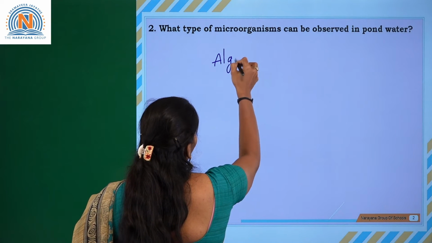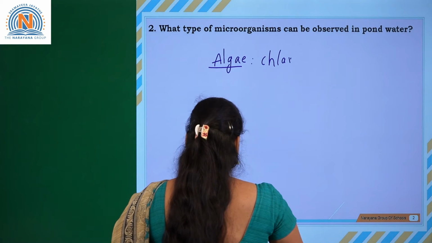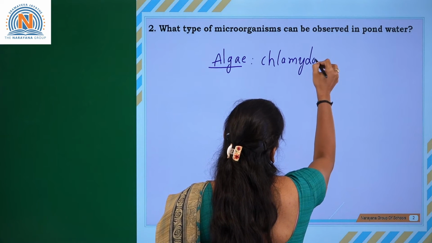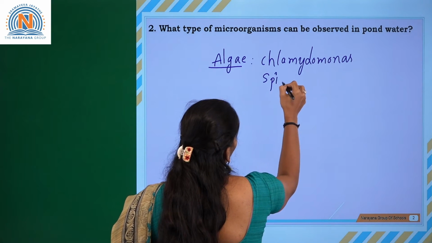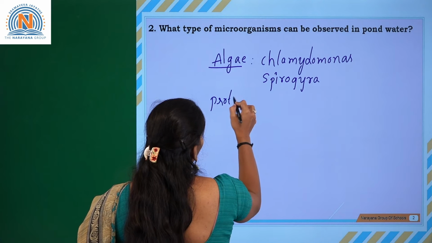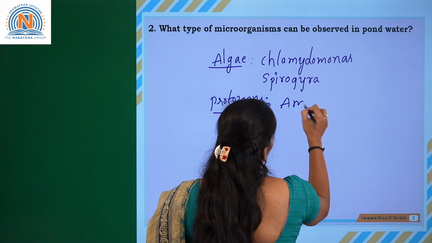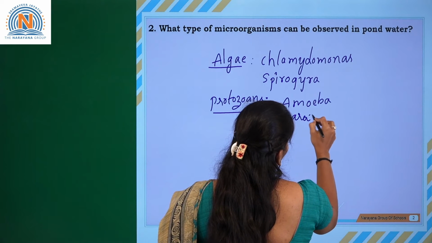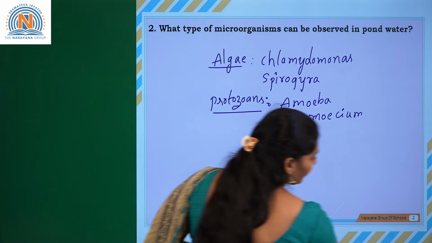So algae, for example, Chlamydomonas, Spirogyra, and protozoans like amoeba, paramecium. Okay. So let us go for the next question.